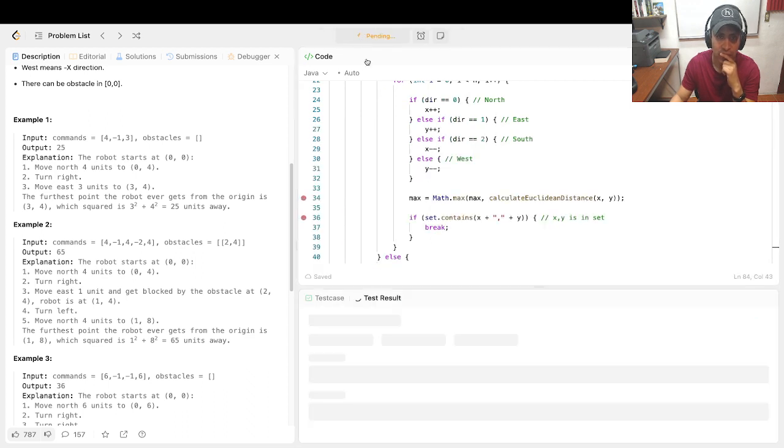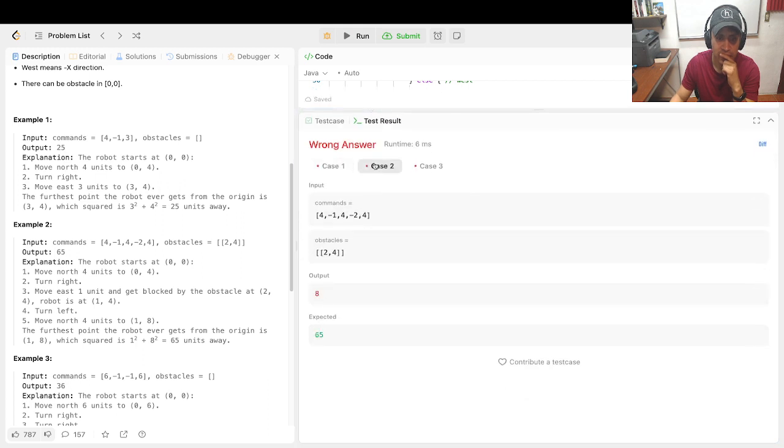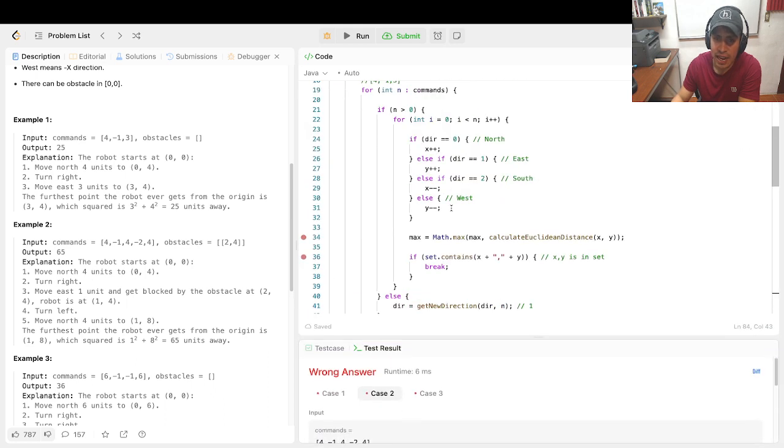Okay, let me execute again. 5. Okay, here I'm sure that it's this number because I need to calculate this number before increasing. Why before?